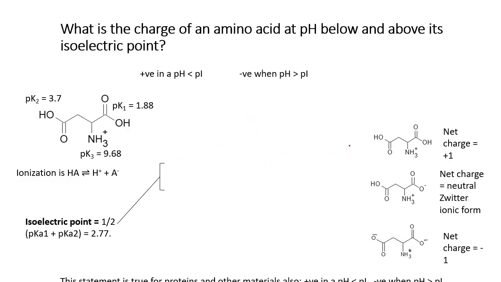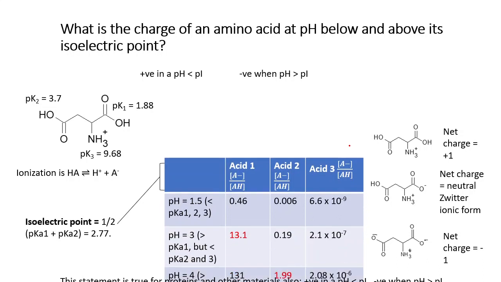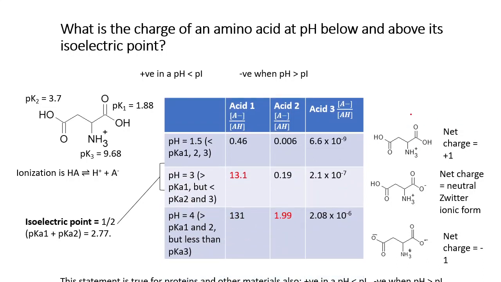Okay, so what is the charge of an amino acid at pH below and above its isoelectric point? The point I'm trying to make in this particular slide has a lot of general implication. So let's find out. This is aspartic acid again. This pH is 1.5, and its isoelectric point is 2.77, which we figured out in the last few slides.